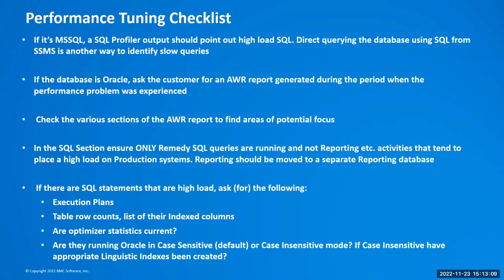Ask if the optimizer statistics are current. And ask if they're running Oracle in case sensitive or case insensitive mode. You probably will know, because in the AR server config file, you will have configured it to run Oracle in case insensitive mode. And if it's case insensitive, ensure that the appropriate linguistic or function-based indexes have been created in the database.